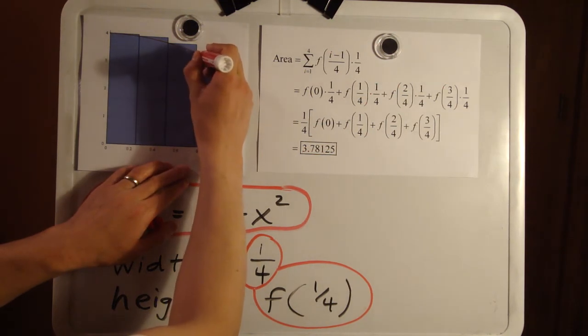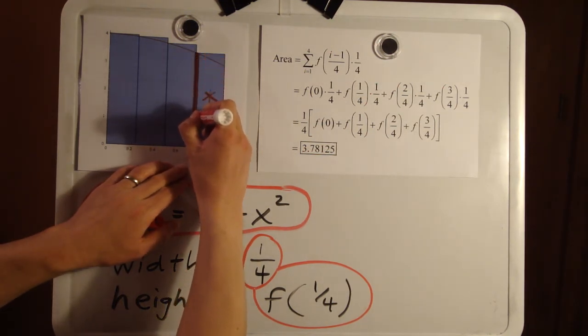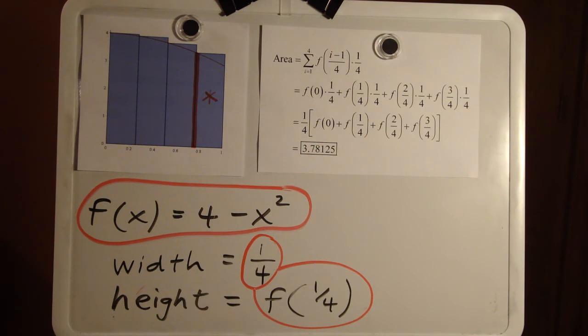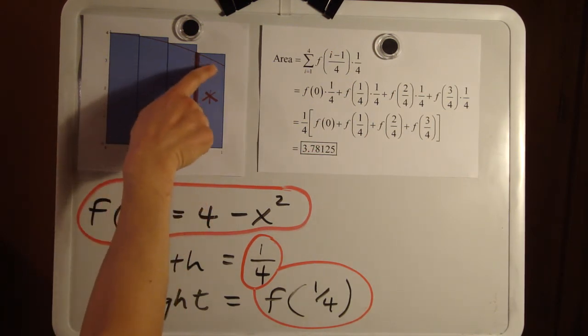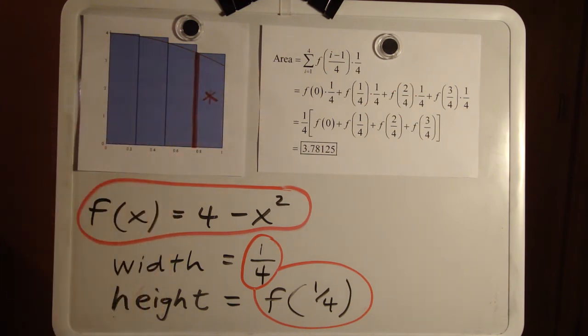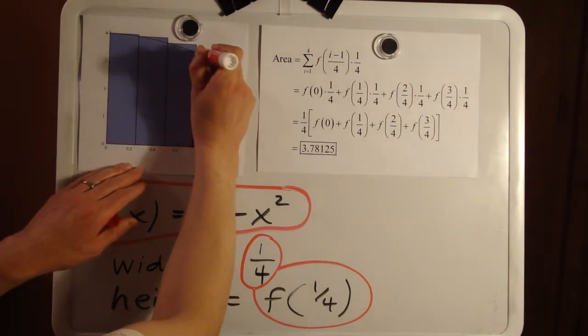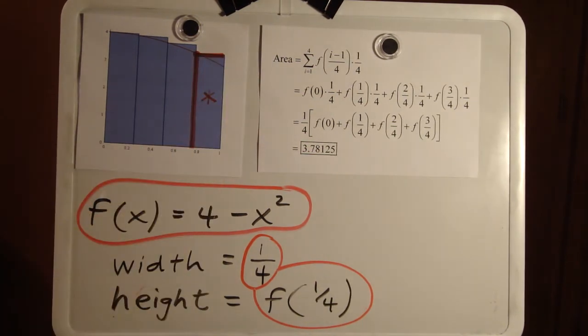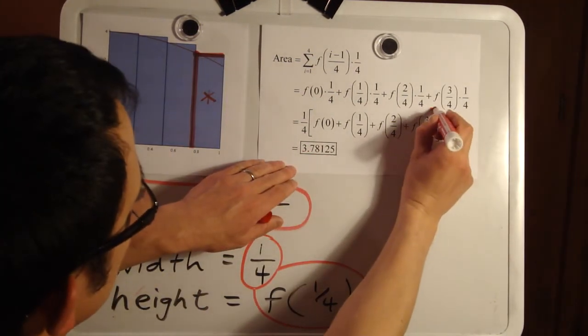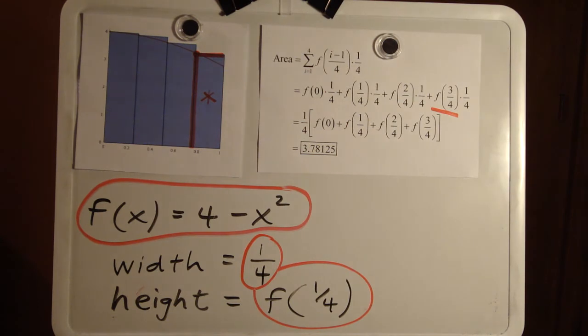And this time it's on the left. So if you insert 0.75 into the function, that's going to allow this rectangle to hit in the upper left-hand corner, right? This value here. And then you can see that's going to give you the height of this rectangle. So the last output that you see here is f of 0.75.